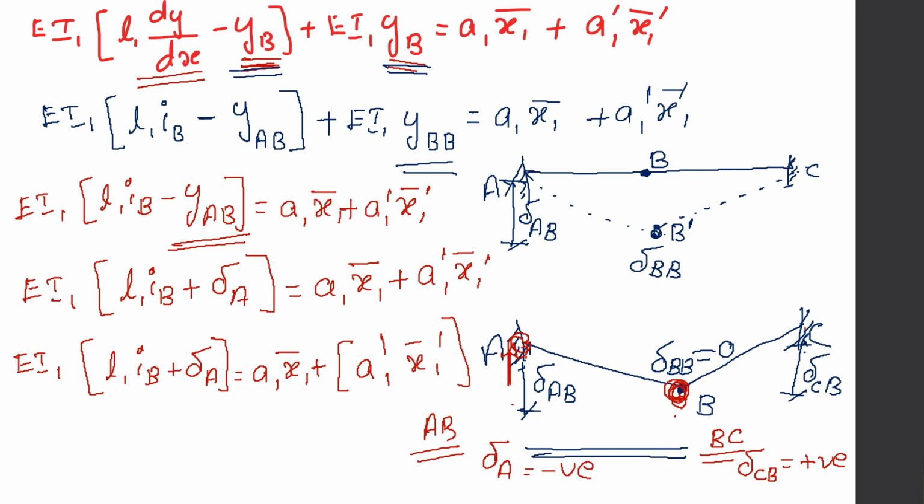Now our aim is to find these values, that is, what is A1 X1 bar and A1 dash X1 dash bar. So for this we will consider the bending moment diagram. We will draw the bending moment diagram of the span AB.